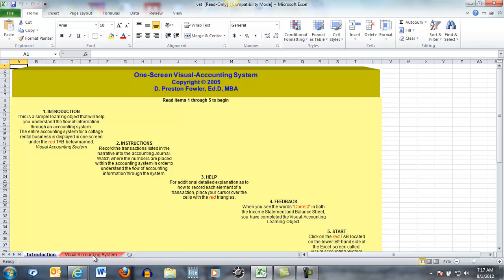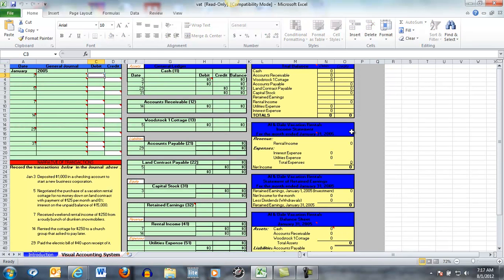When you click on Visual Accounting System, you'll see this little spreadsheet. And what you can see here is some business transactions. And what you do with those business transactions is you record them in a journal in debit and credit fashion. And the whole debit and credit concept is just going to elude you for a while.